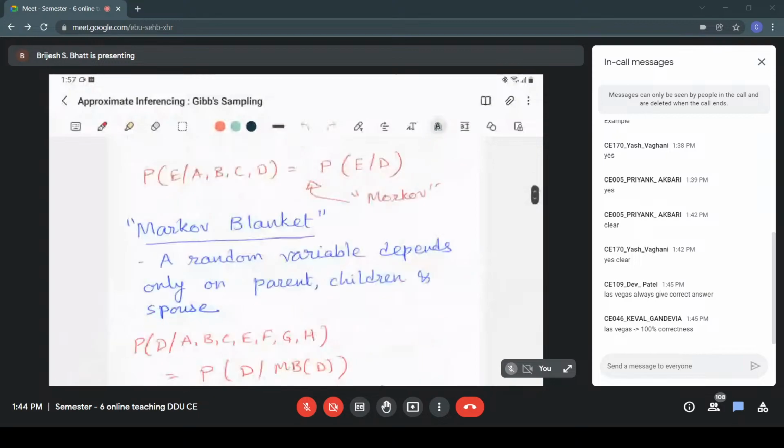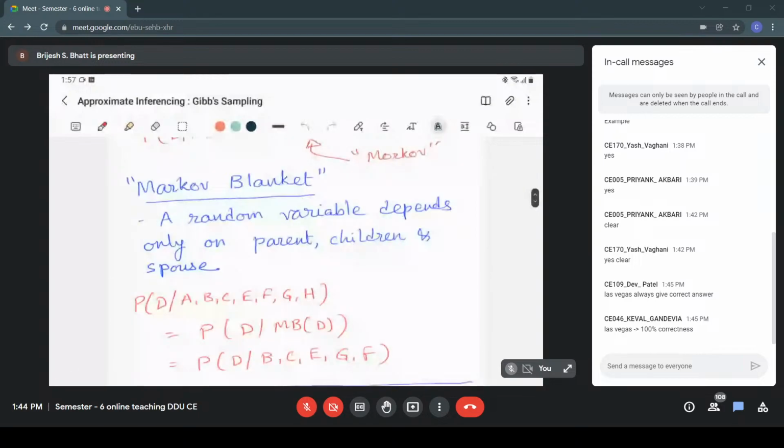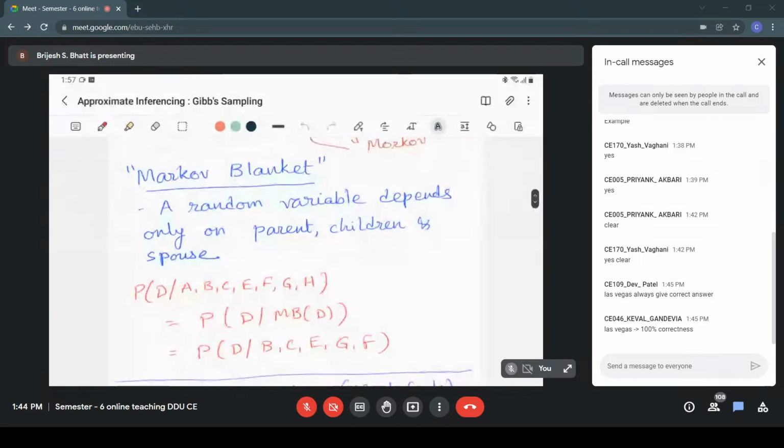So Markov blanket is defined like this. A random variable depends only on parents, children, and spouses. So try to read these words parent, children, and spouse in terms of the graph.